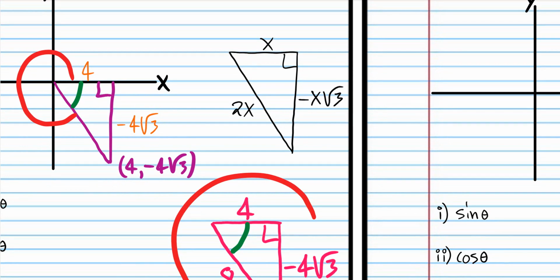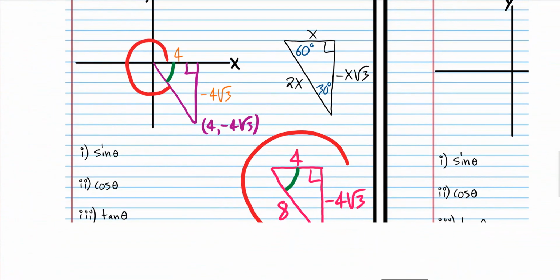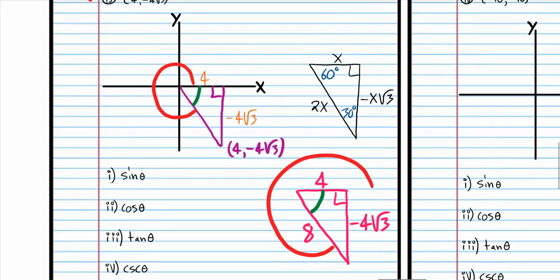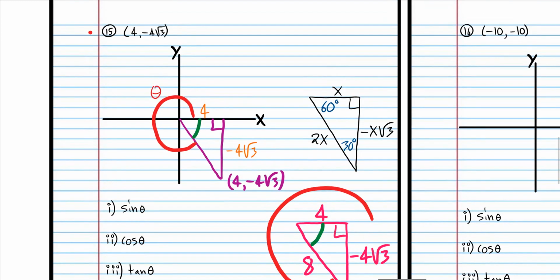So we can figure out what that angle is pretty much immediately. The green angle is 60 degrees. So we could just plug in whatever that red angle would be. We can calculate that red angle. It's just 360 minus 60. So theta is equal to 300 degrees.